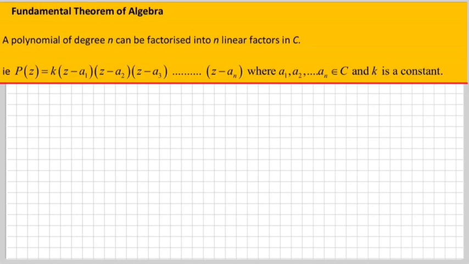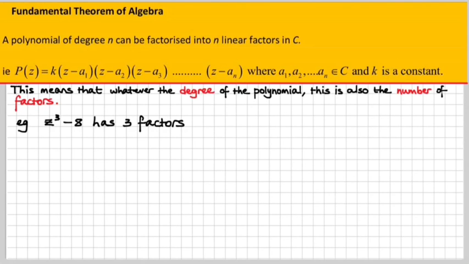Now let's have a look at the first one in a little bit more detail. This is the fundamental theorem of algebra. It's best to show you how this works by just using an example. But it means that whatever the degree of the polynomial, this is also going to be the number of factors of that polynomial. Now here's a nice little simple cubic, okay?